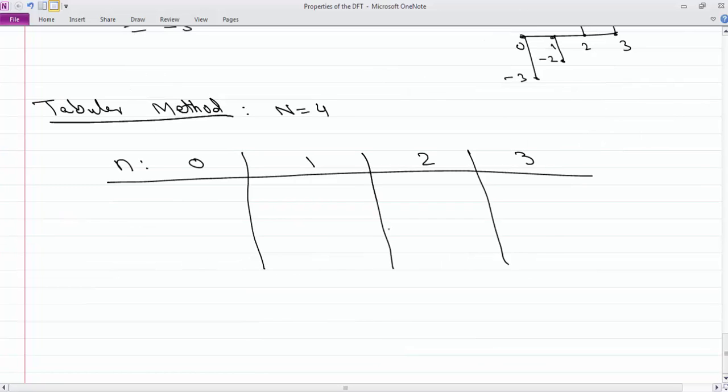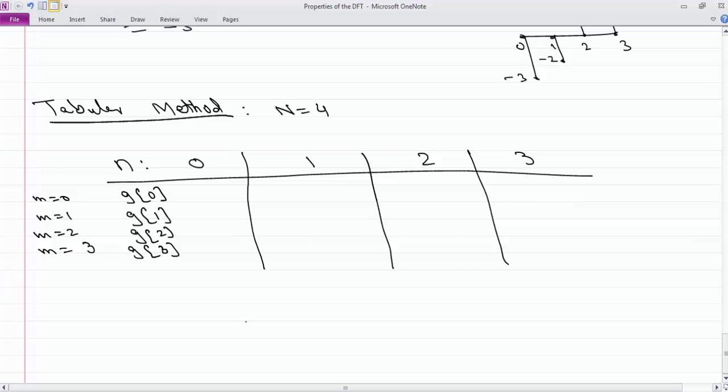Now, the circular convolution formula says fix one sequence. So I'm going to fix g. So I write g0, g1, g2, g3. So this is m equal to 0, m equal to 1, m equal to 2, m equal to 3. Of course, if I have more, I keep on going down.